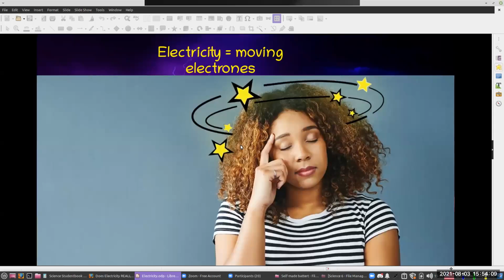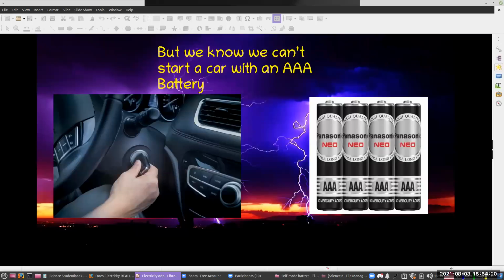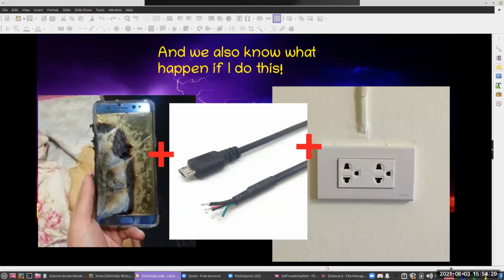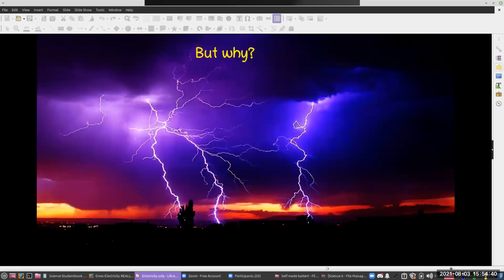Electrons moving is a bit of a headache to understand because it's very difficult, since we cannot see it, we can only feel it. But we know that we can't start a car with a small battery. We need a very big battery. We can't charge our phone directly from the plug because our phone would burn up, since too much electricity comes out.